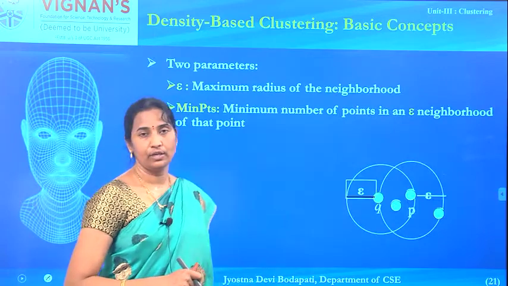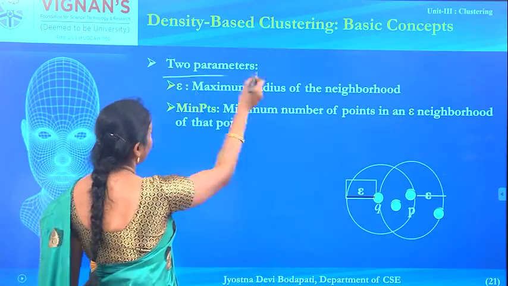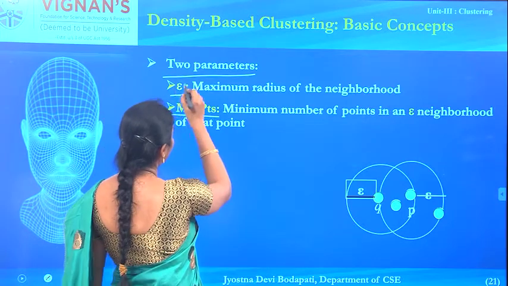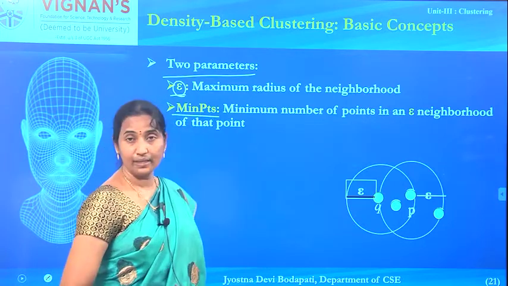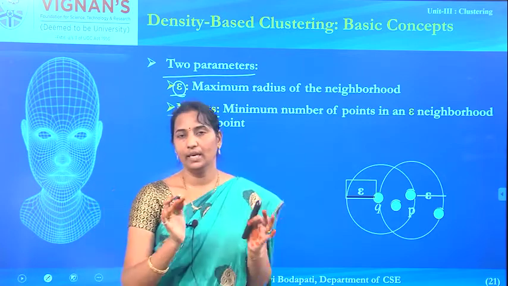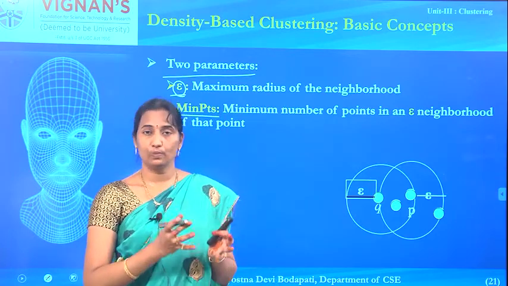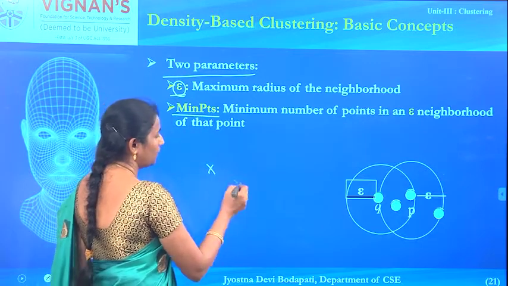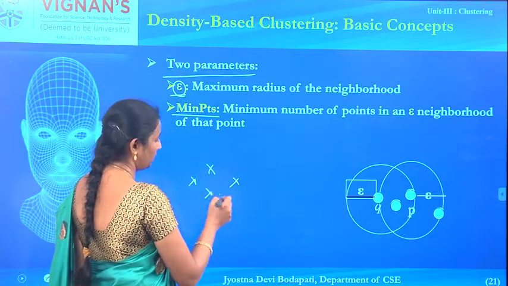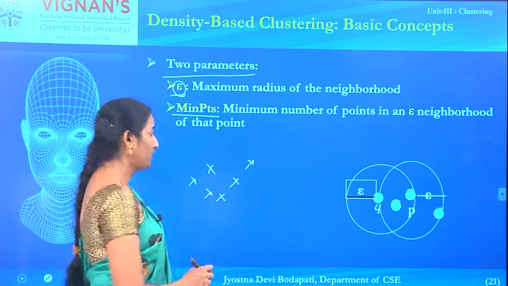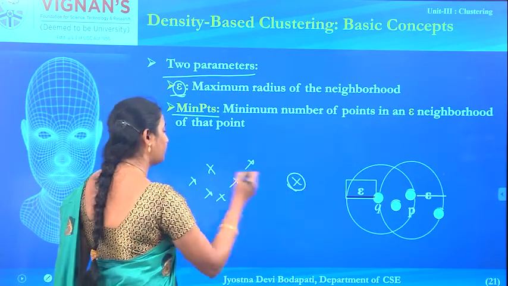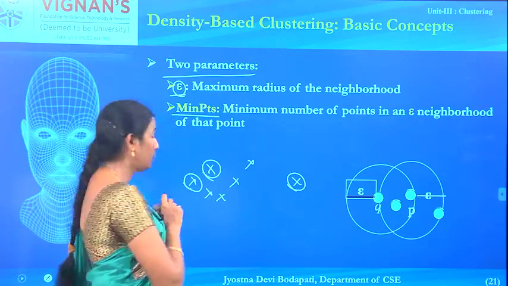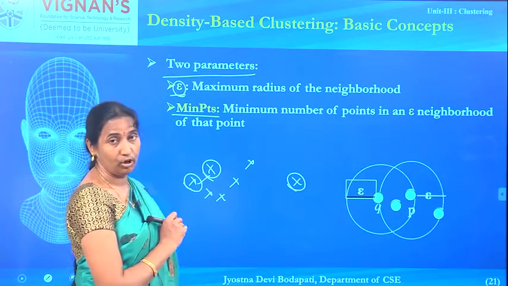To understand the density-based algorithm, we need to understand two parameters: epsilon and minimum points. Epsilon represents the maximum radius of the neighborhood. Both K-means and K-medoids work on the principle of neighborhood, as in K nearest neighbors. In K-means or K-medoids, if you have two different cluster centers, you assign a point to the cluster whose center is close to this data object.